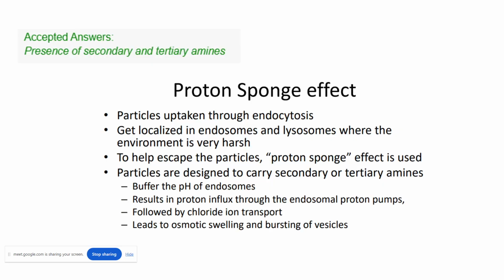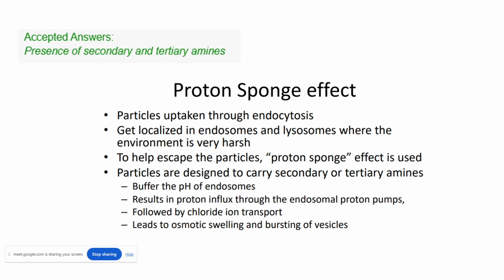It would be presence of secondary and tertiary amines. So proton sponge effect is basically related to particle escape from endosomal or lysosomal vacuoles or membranes. So particles are uptaken through endocytosis and they get localized in these endosomes or lysosomes.